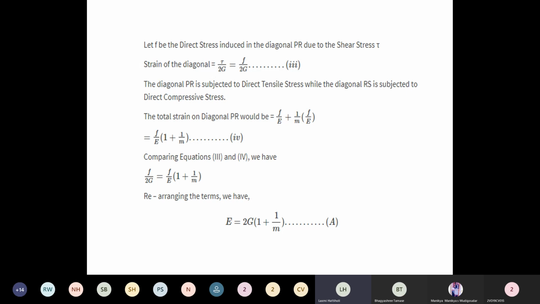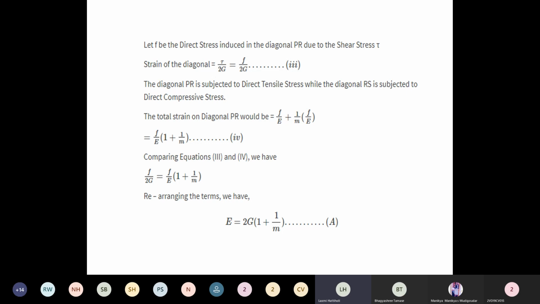Now the diagonal PR is actually subjected to direct tensile stress, while the diagonal RS is subjected to direct compressive stress. Now the total strain on the diagonal is taken as sigma divided by E or F divided by E, one and the same, plus mu into F divided by E. In previous slides we have discussed, when a single block is given to you and you know how to calculate direct strain, you should also know how to calculate lateral strain, because lateral strain is nothing but mu into linear strain.